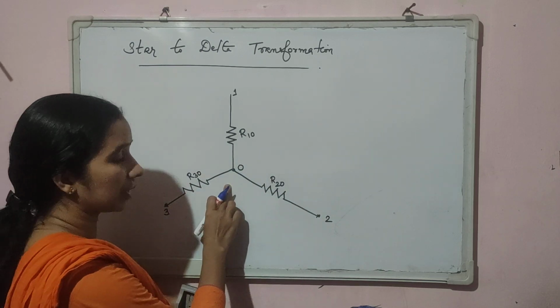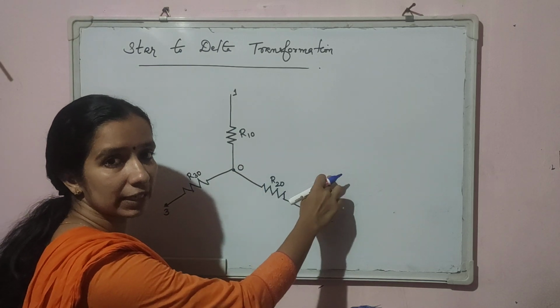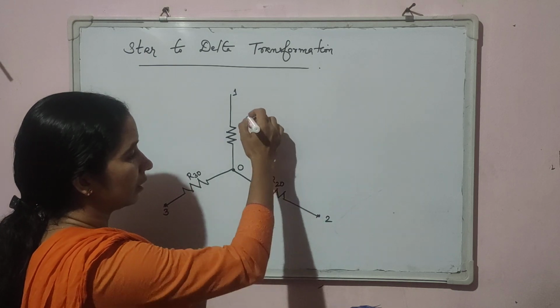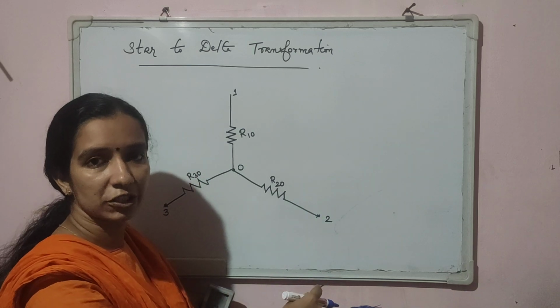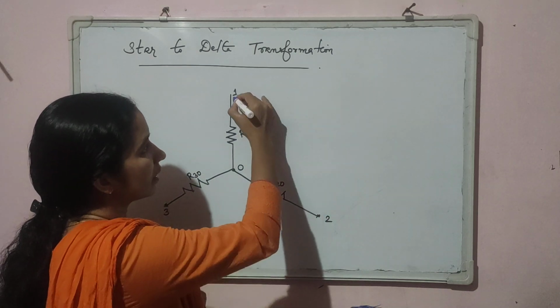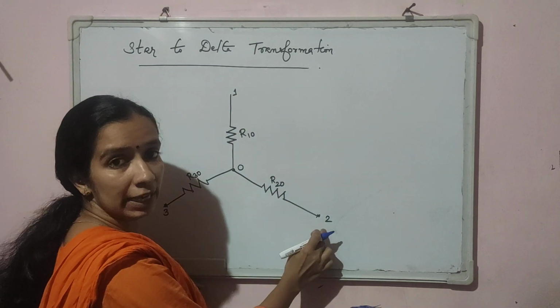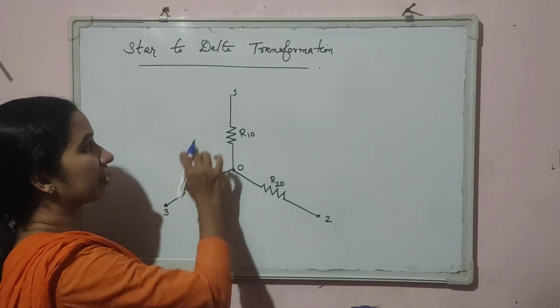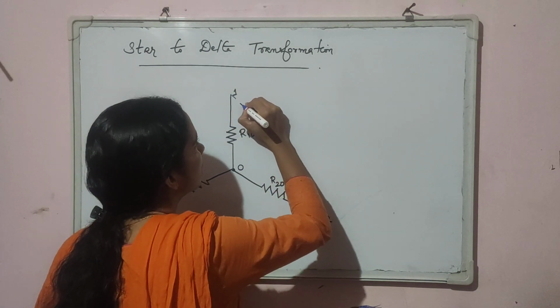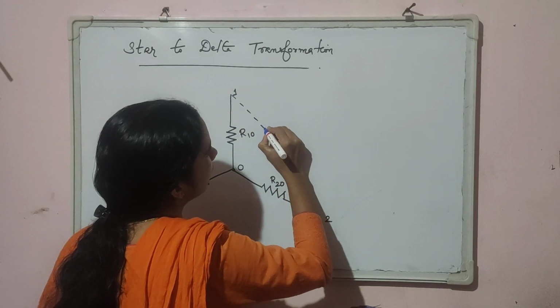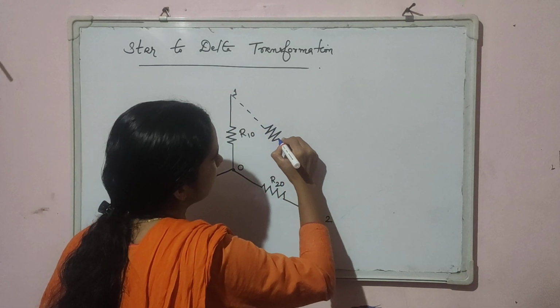So when we transform this star to a delta connected network, the resulting system will be a delta connection and we have resistors between terminals 1 and 2, terminals 2 and 3, and terminals 3 and 1. These will be the resistors that we are going to obtain in the equivalent delta connection.